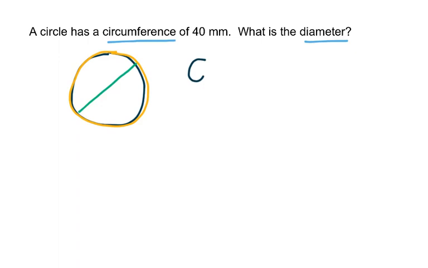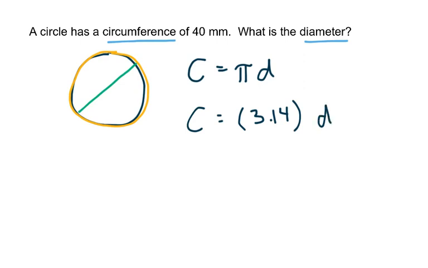So the formula I want to use is C equals pi times D. And we're going to have pi as 3.14. And I need to find the diameter. That's the thing I don't know. Oh yeah, I was given the circumference, so I can plug that in. The circumference here was 40. Now I've got to do a little algebra to get that D by itself.